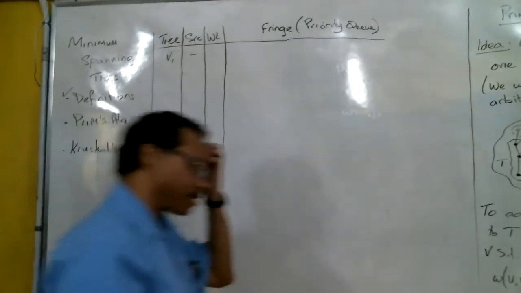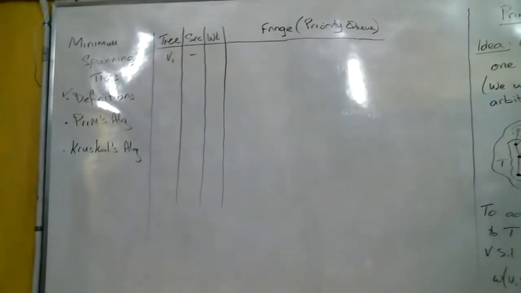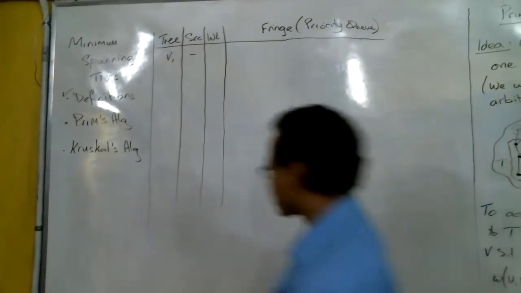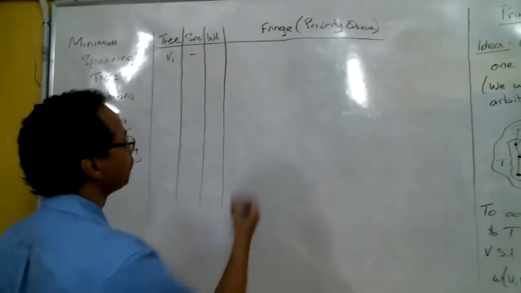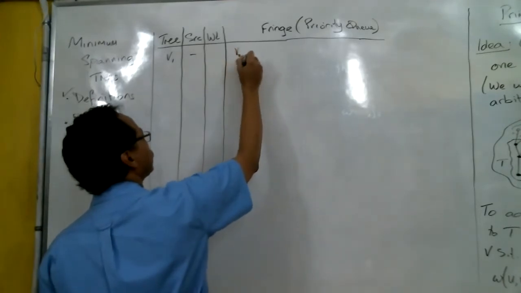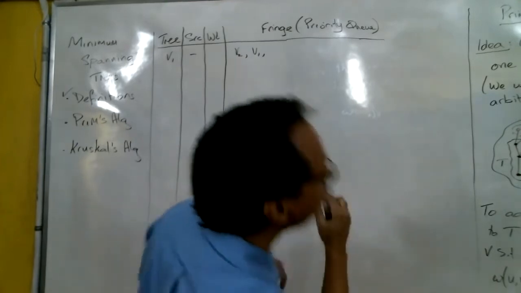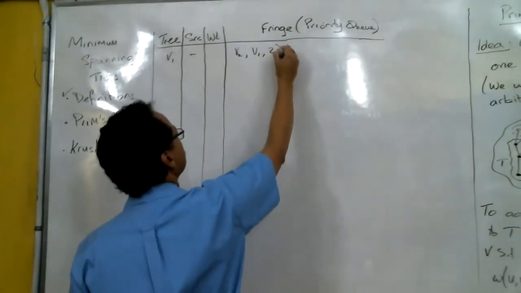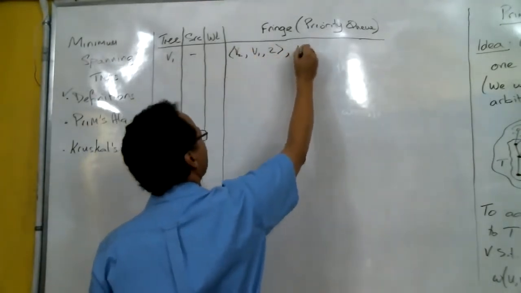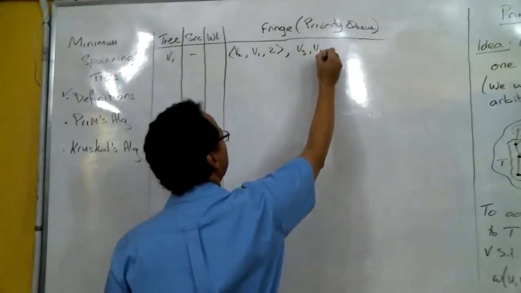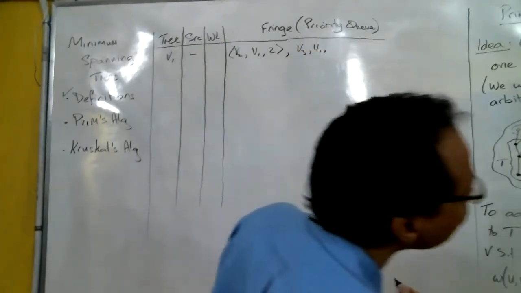You immediately add what nodes you discover from V1. You see we can discover V2, 3, and 4. Yes? And now we need to indicate what weights, so that we can keep track of this. So I'll have V2 from V1 with a weight of 2. I'll have V3 from V1 with a weight of 10.